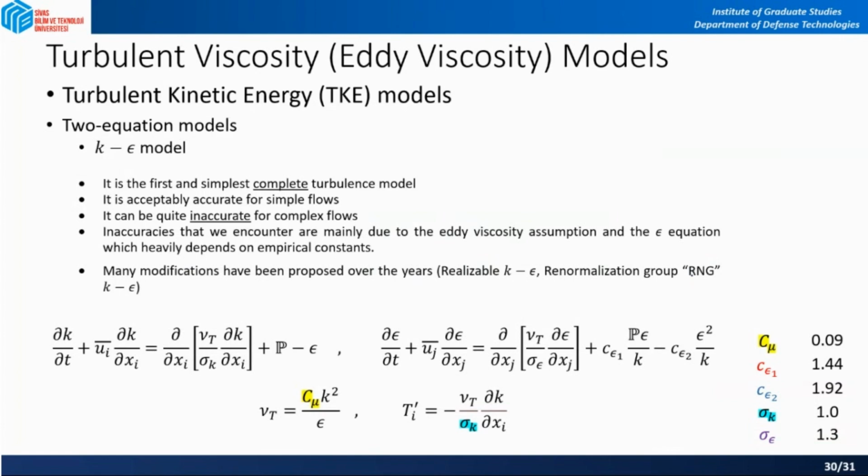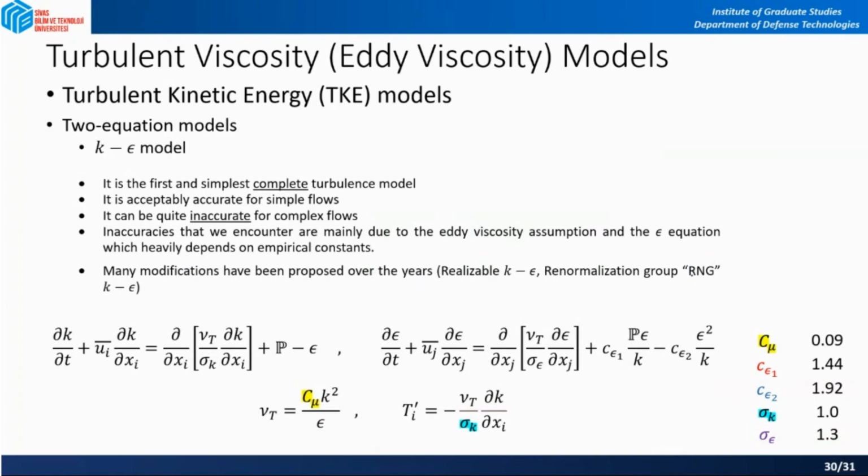Inaccuracies that we encounter are mainly due to the eddy viscosity assumption and the epsilon equation, which heavily depends on empirical constants: C_epsilon1, C_epsilon2, sigma_k, and sigma_epsilon. Many modifications have been proposed over the years, like realizable or RNG, which is renormalization group K epsilon.